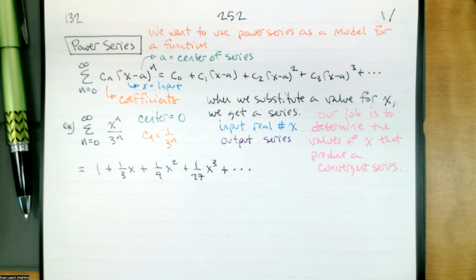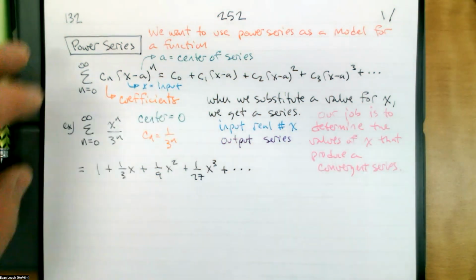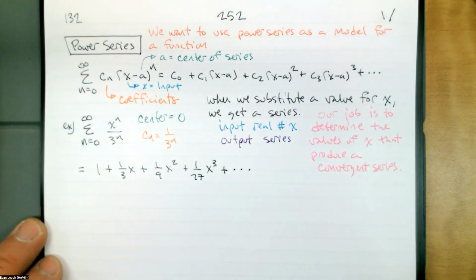So that'll happen so long as the absolute value of x is less than 3. If x is less than 3, then we have a geometric series with a common ratio less than 1. That'll converge. And if x is greater than 3, then we'll have a divergent series. If x is equal to 3, then we get a divergent series as well, because all the terms will just be 1. So what we want to notice is that sometimes this series converges.